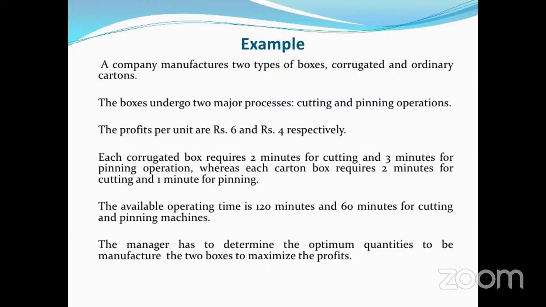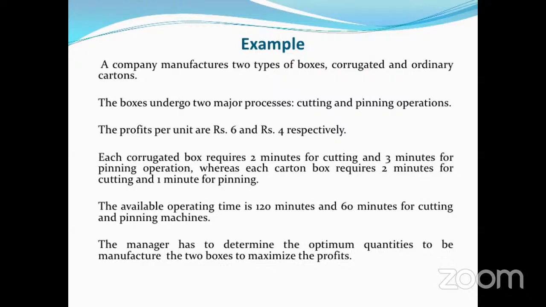To maximize the profit, he has to produce two types of boxes on the two machines where there is a limitation in time: 120 minutes for cutting and 60 minutes for pinning. So this is actually the business problem.